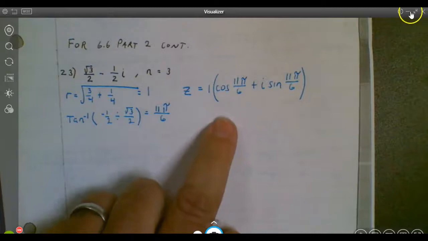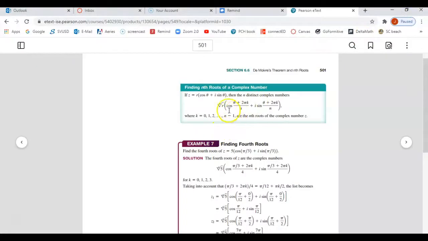Again, I'm going to follow this model. So I'm going to start out by putting the cube root of r, which is the cube root of 1, which you don't really have to write. I'm going to write it just because I want you guys to see where everything is going. So I got the cube root of 1, which is 1, which is really not going to change anything.